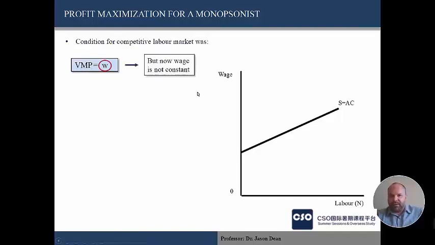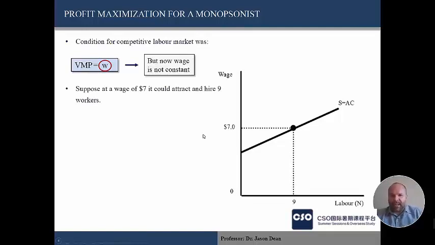But now we don't assume a constant wage. The monopsonist isn't a wage taker. Suppose that at a wage of $7, the firm could hire 9 workers. Okay, so that information is clearly what the supply curve tells us. So in this case, their average cost would be $7.